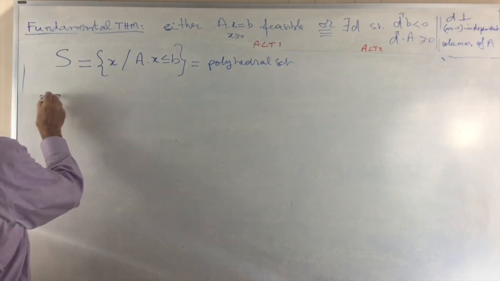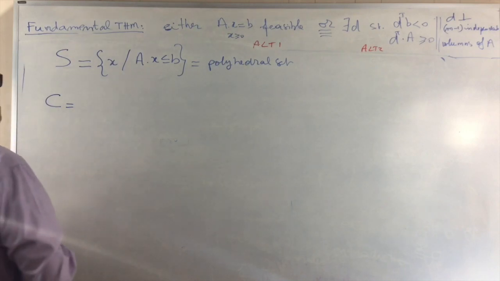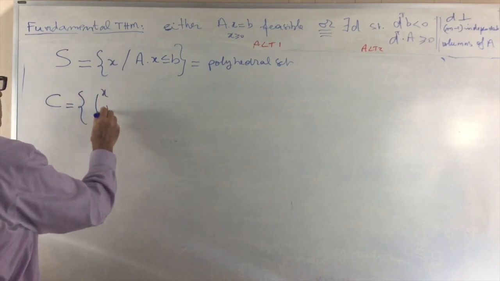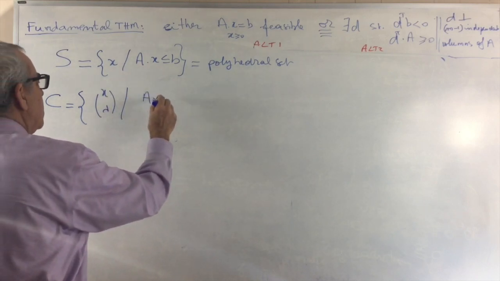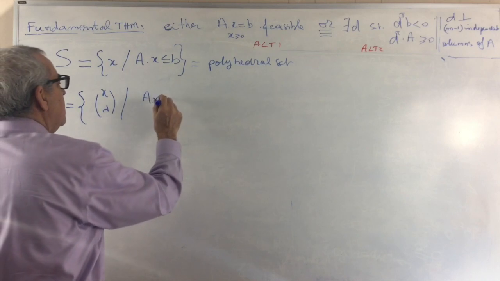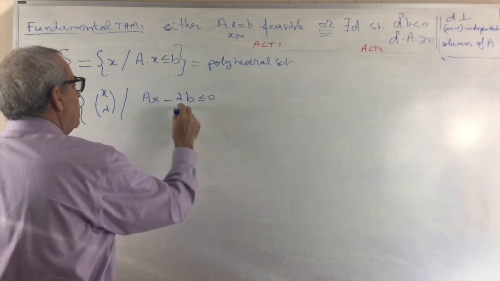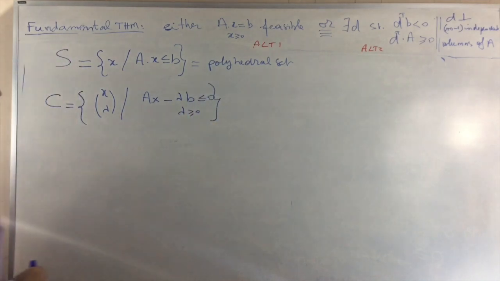Now, what I'm going to do is construct a cone of x and lambda defined by the following: A dot x minus lambda b less or equal to 0 and lambda greater or equal to 0. Okay, this cone right here.